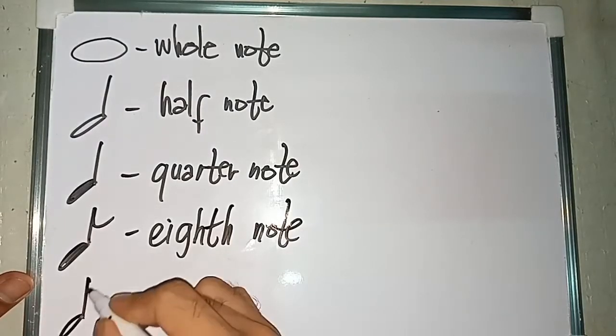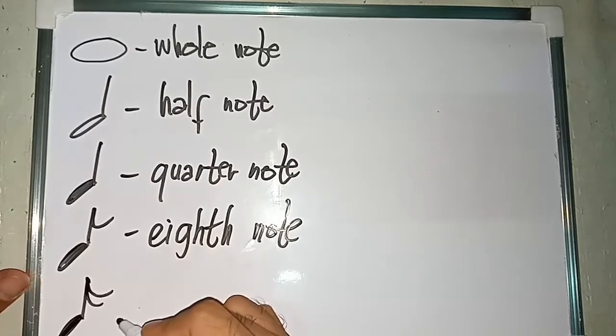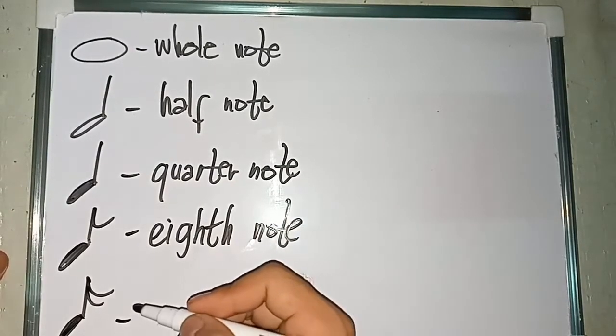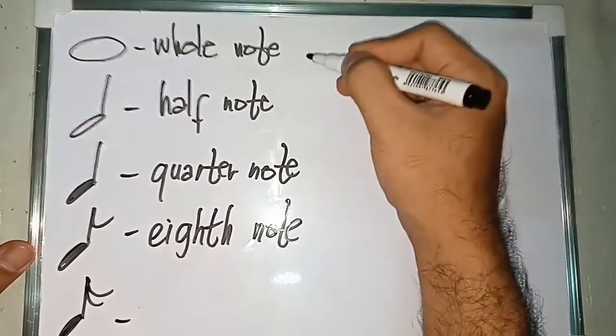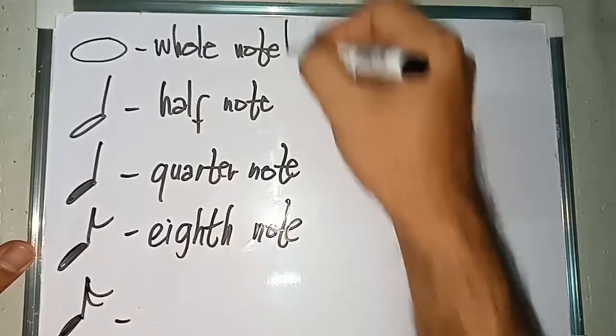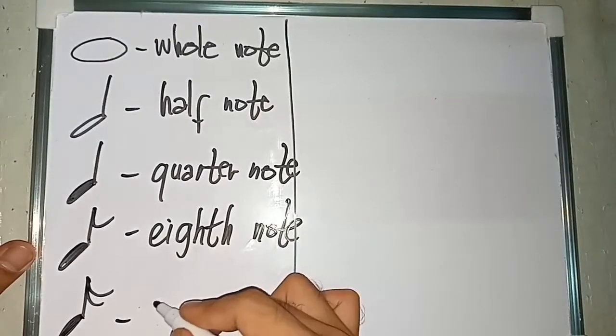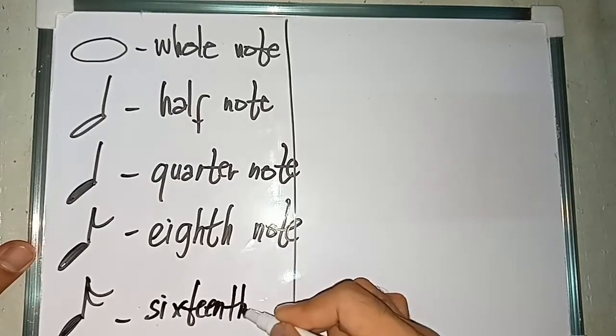And we have the 16th note. These notes are some of the common notes that we see on the musical score. The same goes for the rests. This is for the 16th note, I forgot to write this one.